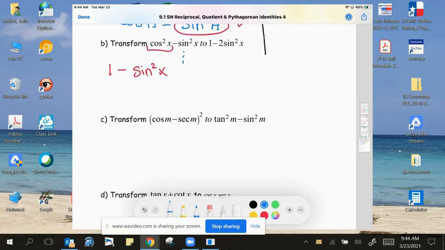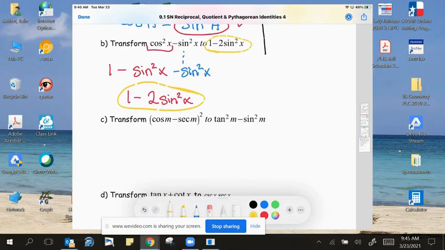Then there was still a minus sine squared x on that side. And now we're going to combine like terms. Minus sine squared x minus sine squared x is 1 minus 2 sine squared x. And this is what we were asked to prove was equivalent. Because the right-hand side of the original problem only had sines, no cosines, we converted that cosine squared x into an expression with sine squared x.